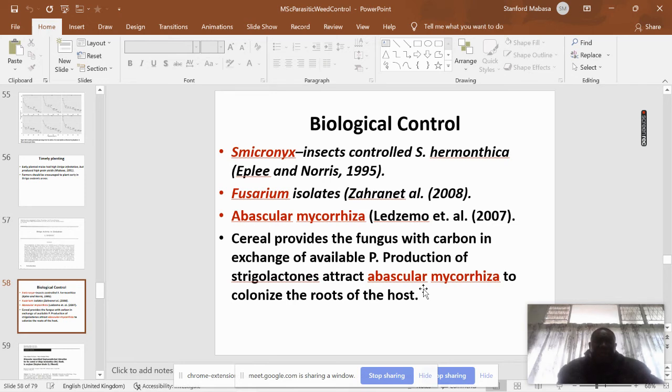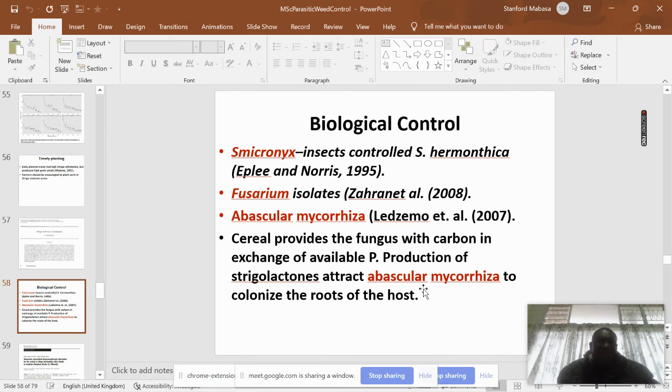Then we have also Fusarium isolates. This is a fungus, which could also be used to control Striga. Well, Simincronix probably may not be applicable in Zimbabwe because we also need to check whether Simincronix may not be a potential pest.